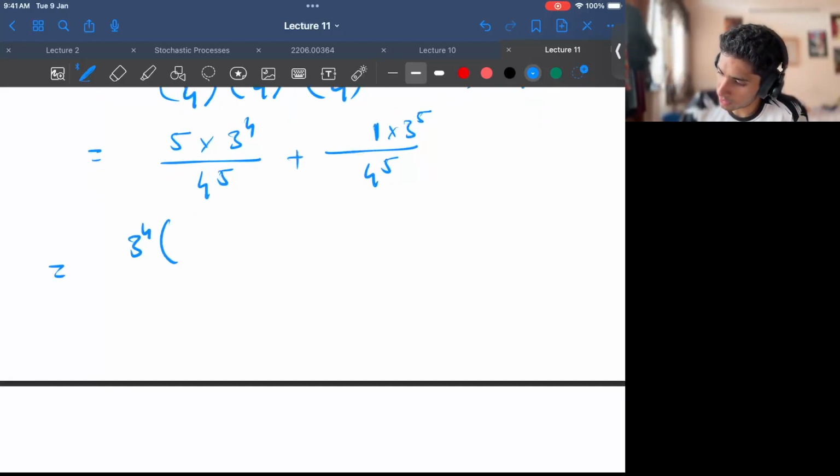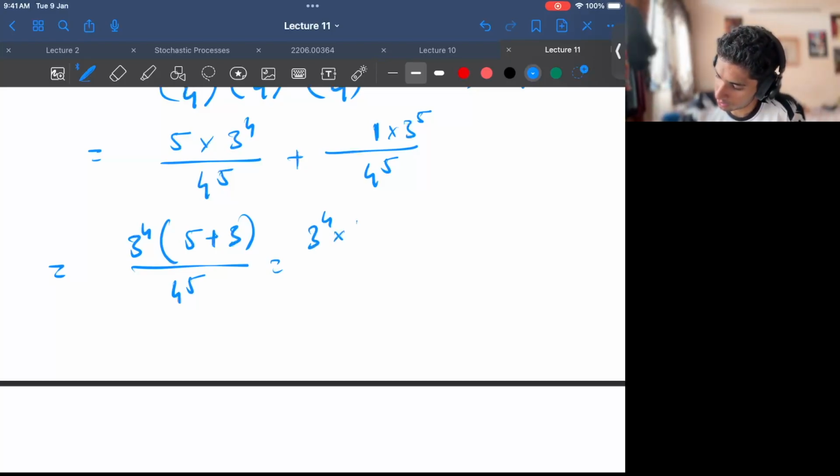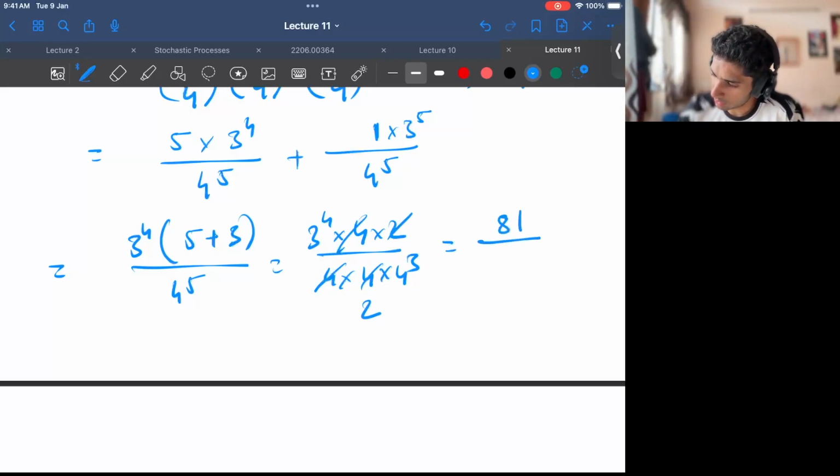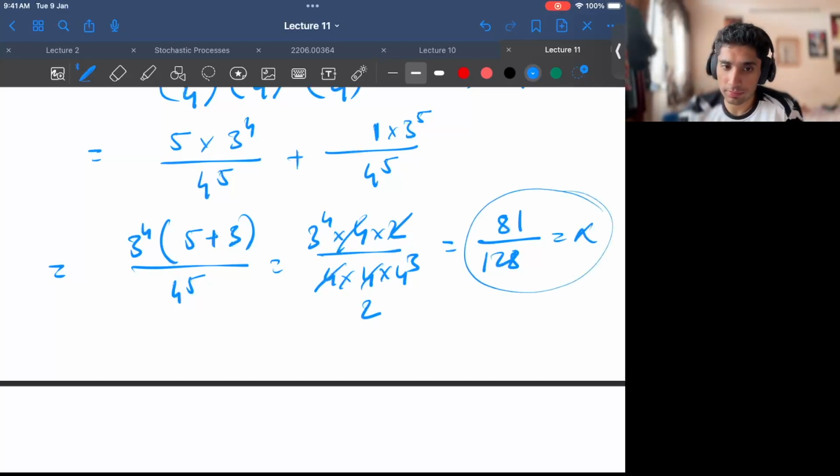This will become 3 raised to 4 comes out, 5 plus 3 by 4 raised to 5. This thing becomes 5 plus 3 is 8. 3 raised to 4 into 2 by 4 into 4 raised to 4 into 4 into 4 raised to 3. Let's write it like this. So 2 2s are 4 and 3 raised to 4 is 81 by 4 square. 4 square is 16. 16 plus 64, 2s are 128. So this is your alpha.